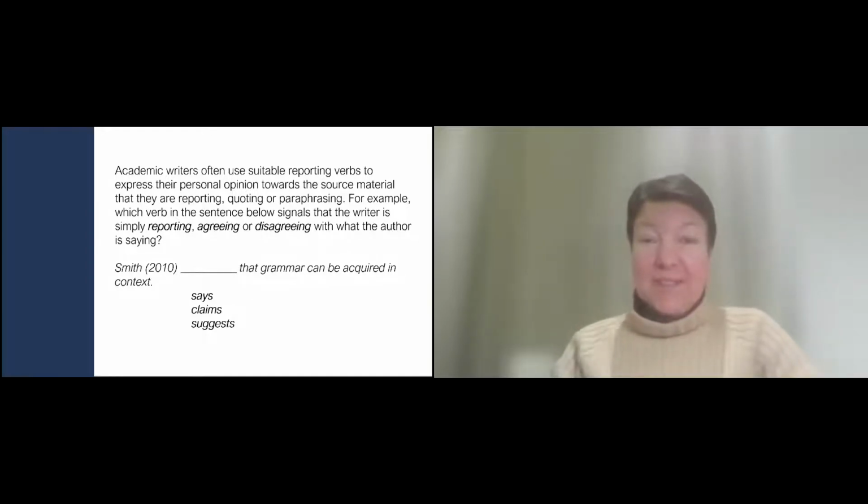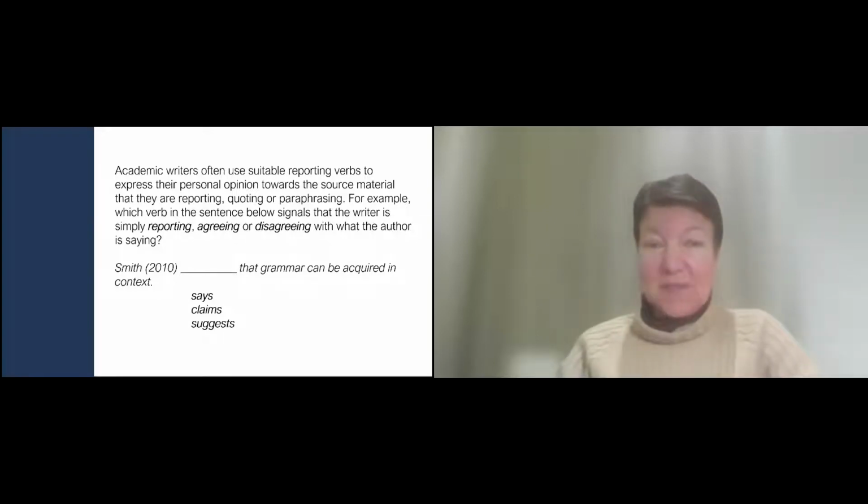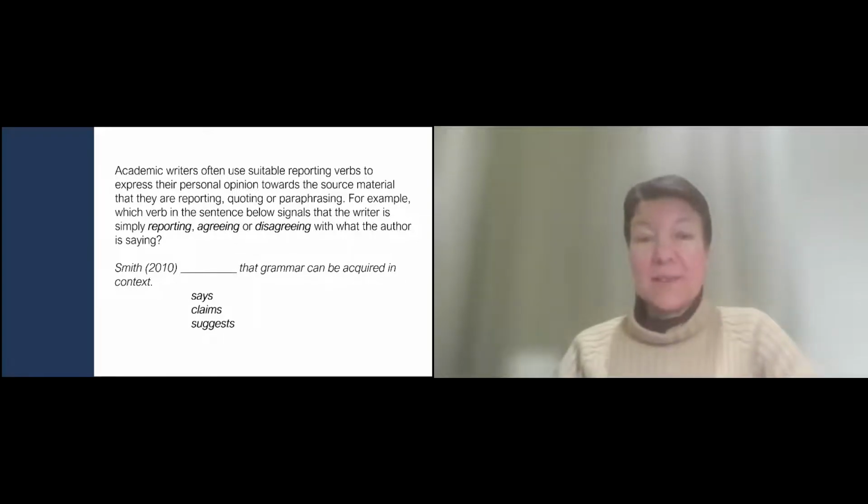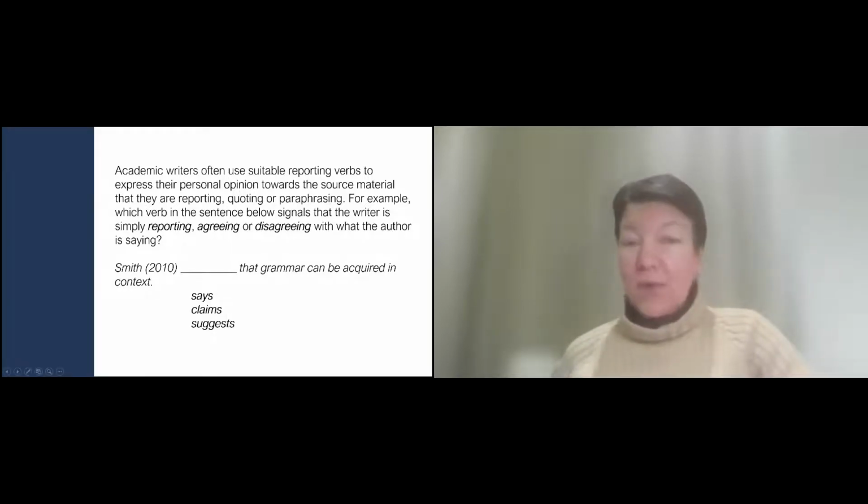I'm going to read an example here and say that academic writers often use suitable reporting verbs to express their personal opinions toward the source that they're reporting, quoting, or paraphrasing. Now, which of the 3 options in the sentence below signals that the writer is simply reporting, agreeing, or disagreeing with what this outside source is saying?